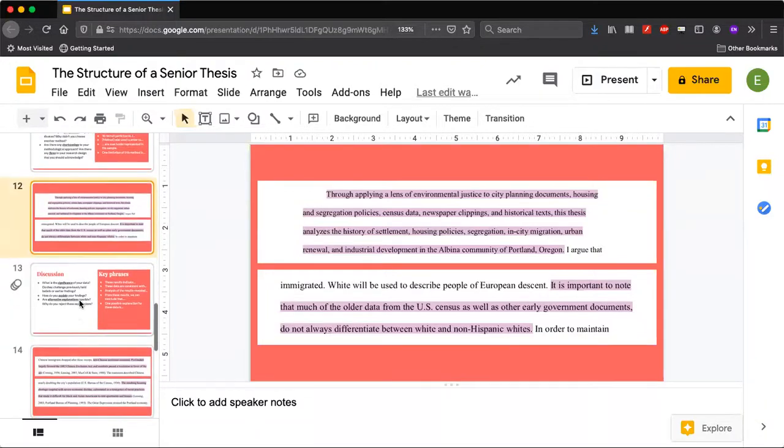So this is something that is not the student's fault. They can't control the census in the 1950s, but they're just noting it because it does have implications for what they can know in the present and what conclusions they can draw potentially.